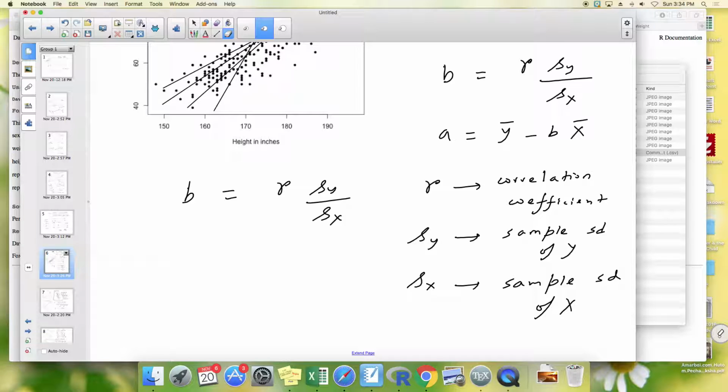So in the case where there were two variables, x1 and x2, we obviously did sx1, sx2. Just the same thing is going on here. There are two variables, x and y. We are saying sx and sy.